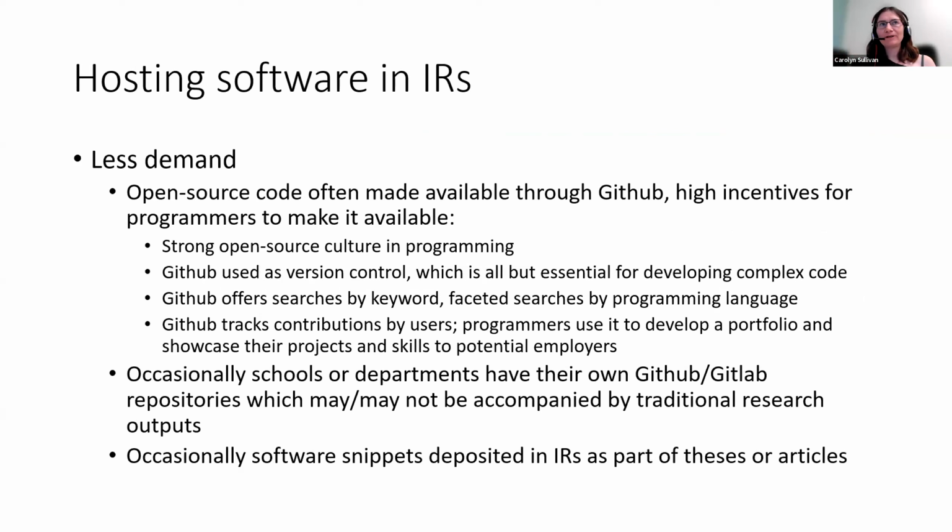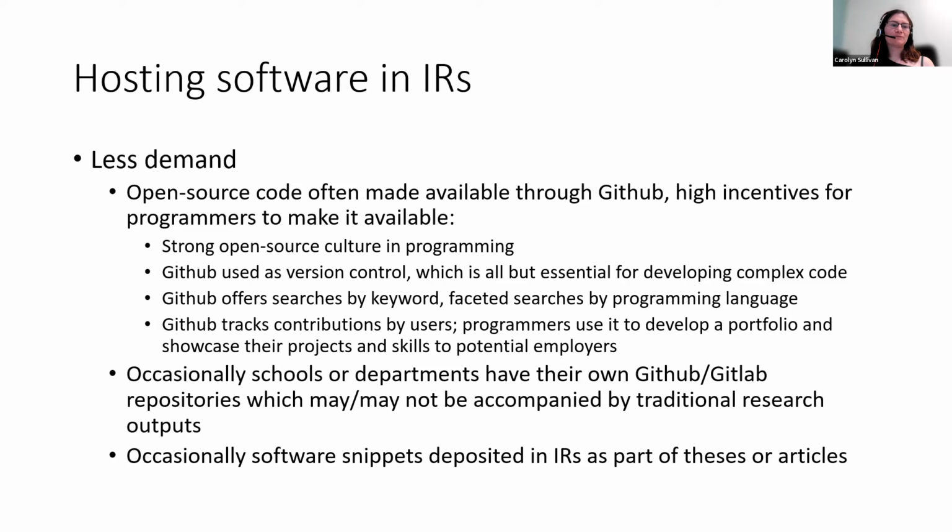One reason why we might not see a lot of software in IRs, and why we probably wouldn't be hosting it, is because there's not a lot of demand, since programmers tend to make their open source code available through GitHub, since there are high incentives for them to do so. There's a strong open source culture in programming.